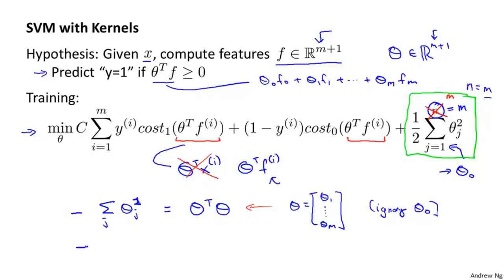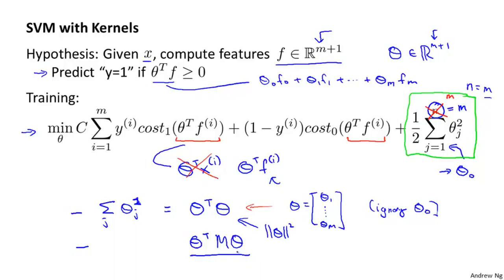And what most support vector machine implementations do is replace this theta transpose theta with theta transpose times some matrix that depends on the kernel you use, times theta. This gives us a slightly different distance metric. Instead of minimizing exactly the norm of theta squared, we minimize something slightly similar to it, a rescaled version of the parameter vector theta that depends on the kernel.